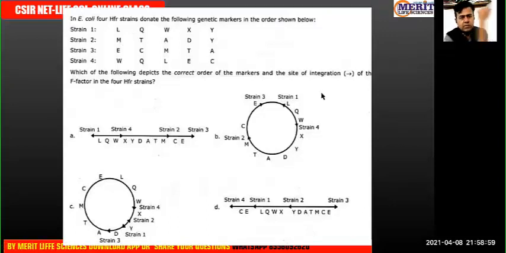In E. coli, 4 HFR strains donate the following genetic markers in the order shown below: strain 1 LQWXY, strain 2 MTATY, strain 3 ECMTA, strain 4 WQLEC. Which of the following depicts the correct order of markers and site of integration of the F factor in all 4 HFR strains?